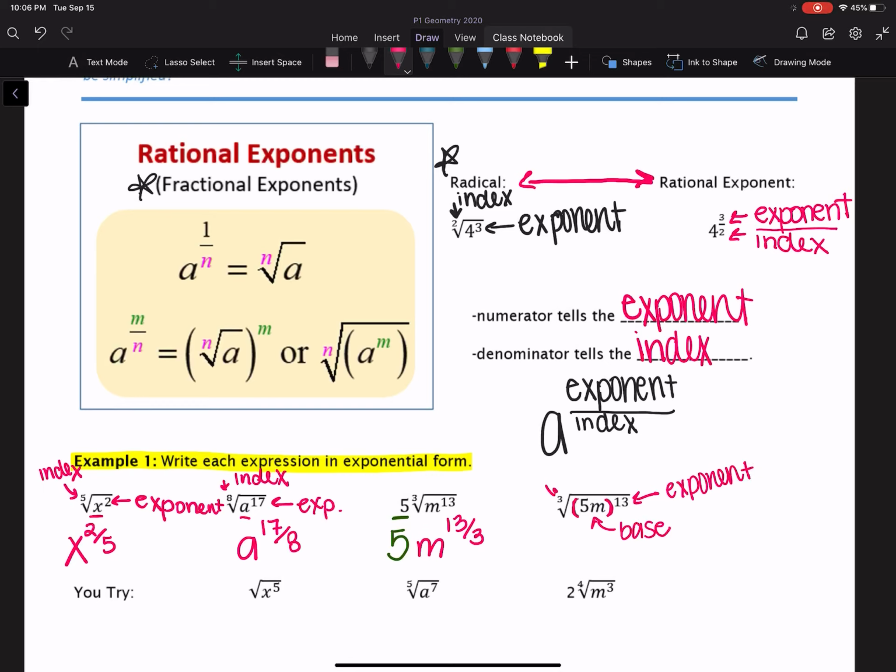And again, the 3 is my index number. So I still do the same thing here. I'm going to write my base, and I'm going to go ahead and keep it in parentheses. And then I'm still going to write my exponent over my index number.